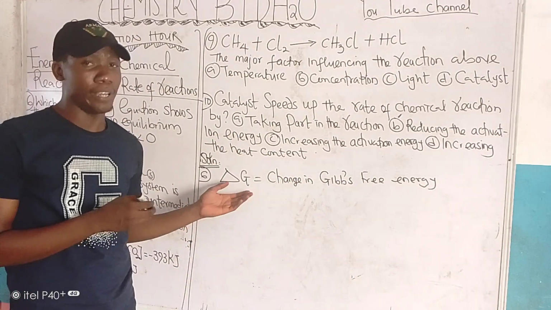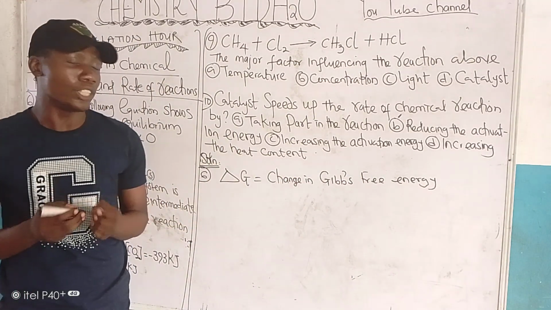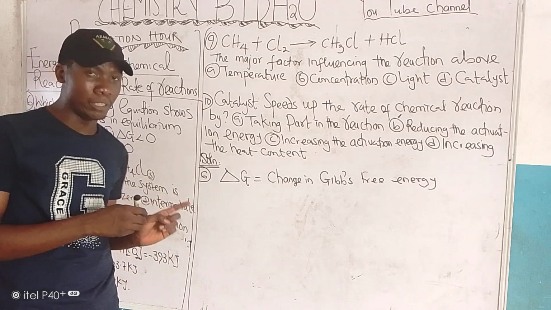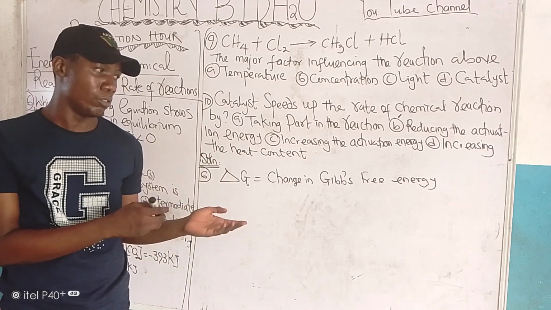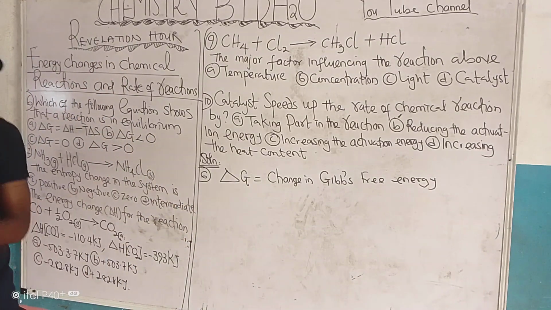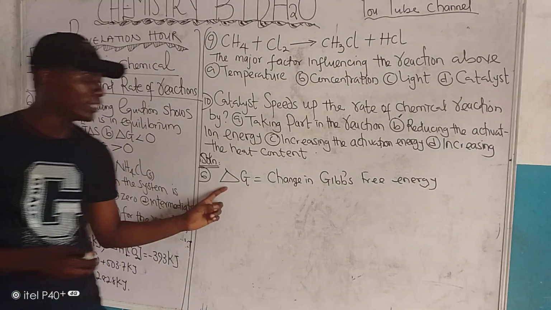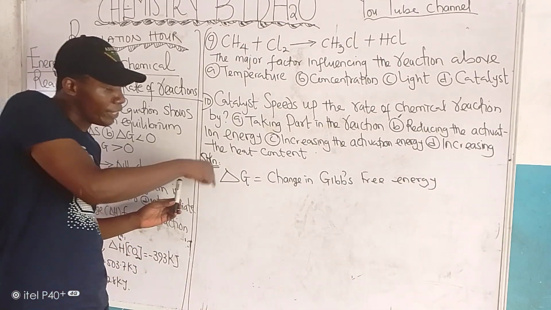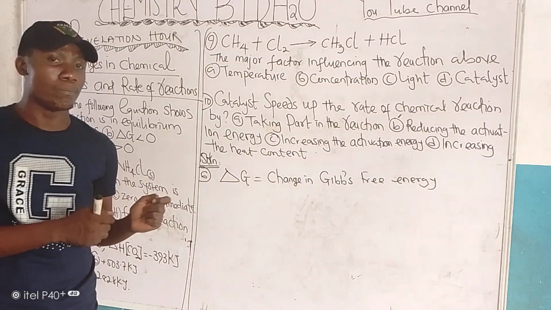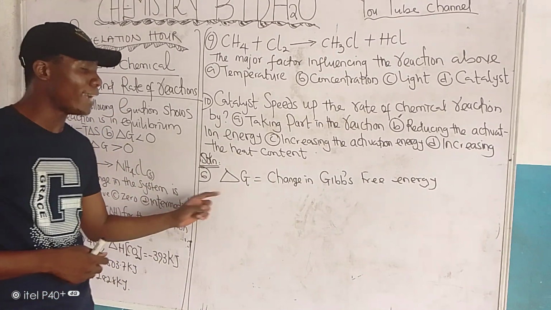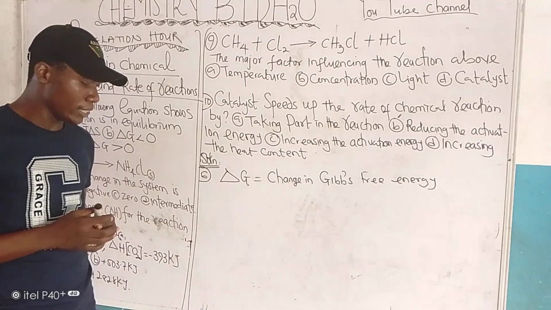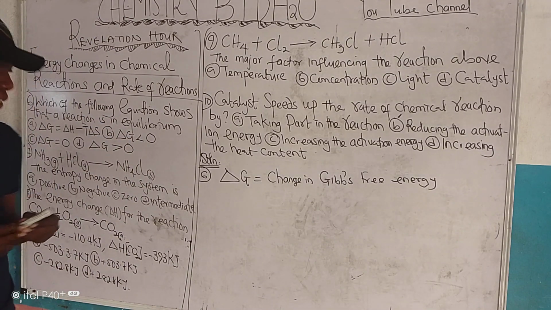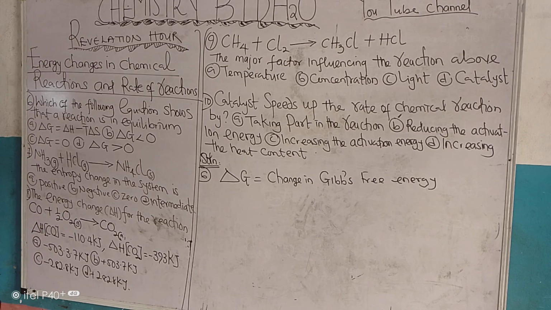And what is Gibbs free energy? Gibbs free energy is the energy available for doing work. It is your Gibbs free energy that will determine whether a reaction will be spontaneous or non-spontaneous, whether the reaction will occur or not occur, whether the reaction is feasible or not feasible. So that is why your Gibbs free energy is the major determinant of the spontaneity of a chemical reaction.